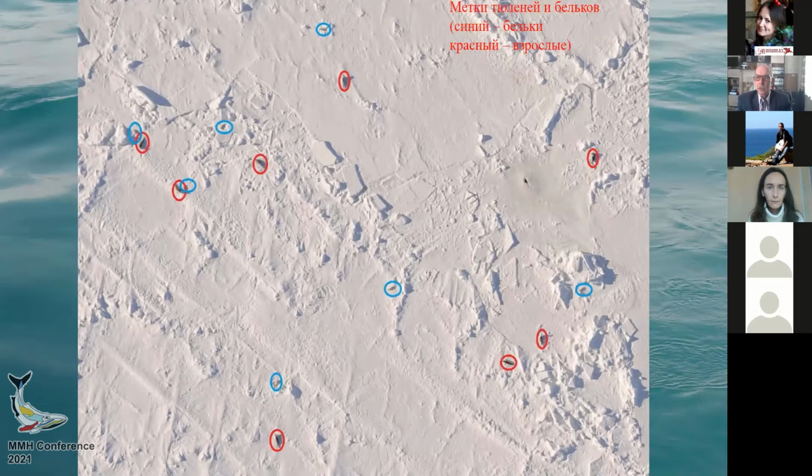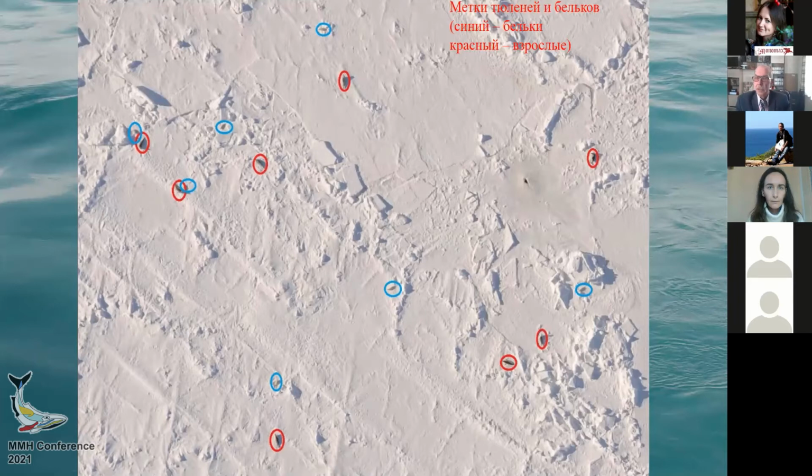Red shows adult seals, blue shows young seals. Adult seals are easier to determine visually, but with young seals it is much more difficult. They often have white color, and the uneven snow can be taken for a young seal.